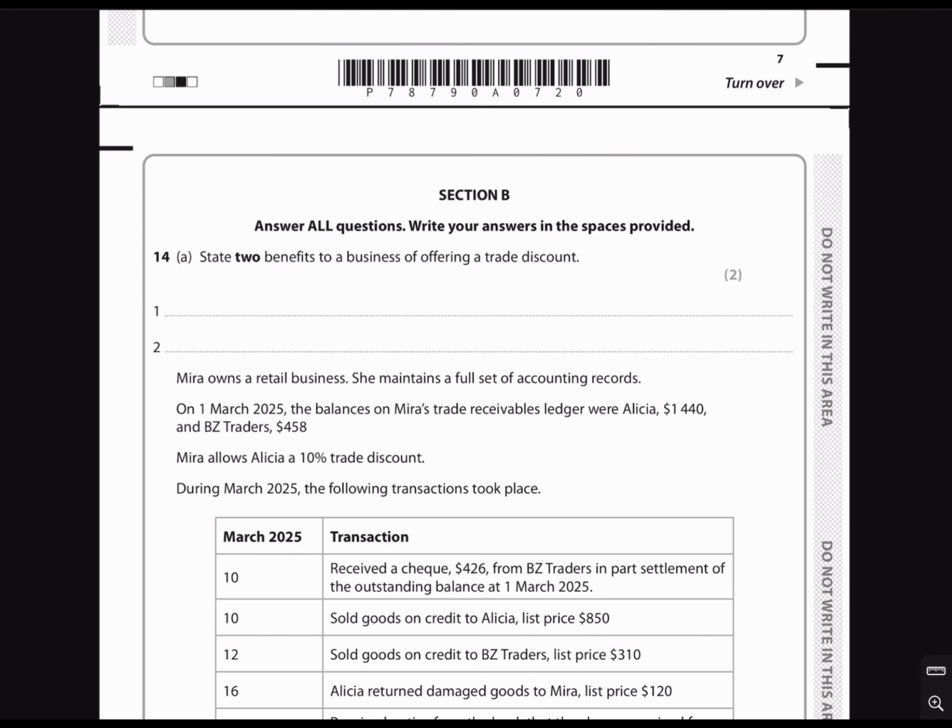State 2 benefits to a business of offering a trade discount. Now, what are the benefits? When a business offers trade discount, they offer it to encourage customers to buy in bulk.